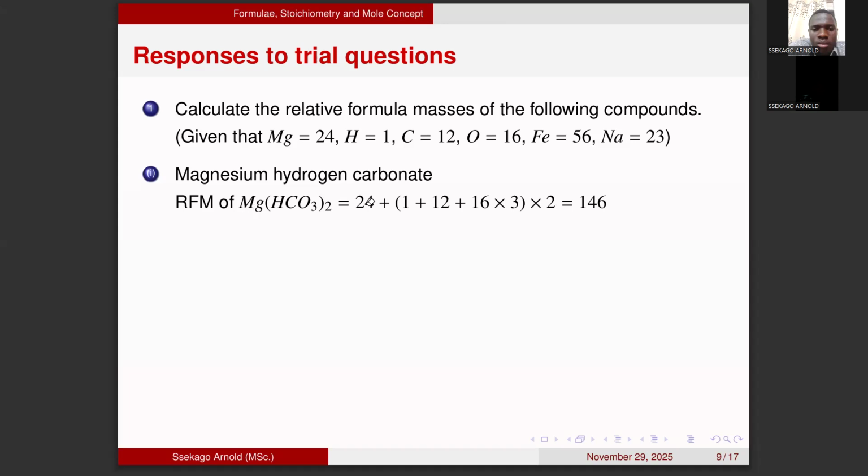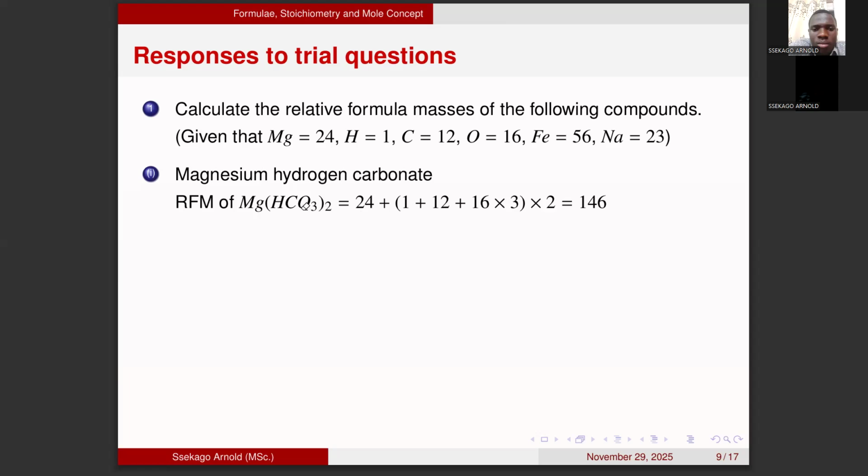Recall that RFM is the sum of the relative atomic masses of the different atoms that make up the given compound. Therefore, Mg is 24. Then there is a bracket from the formulation of magnesium hydrogen carbonate. After the bracket, we have hydrogen, which is 1. We have carbon, which is 12.